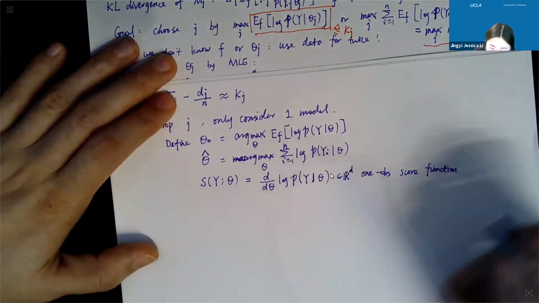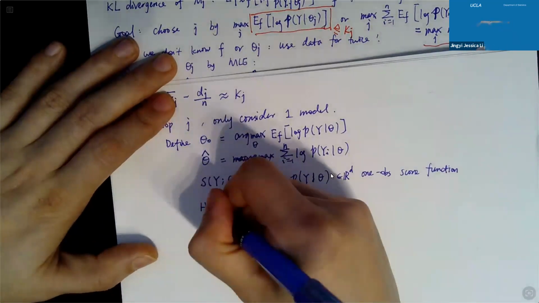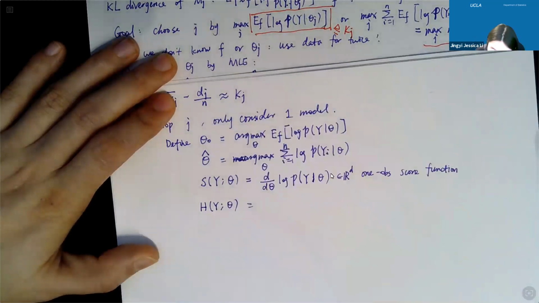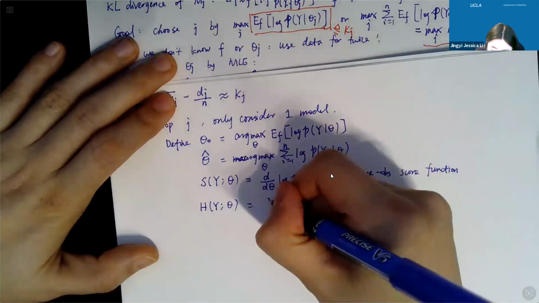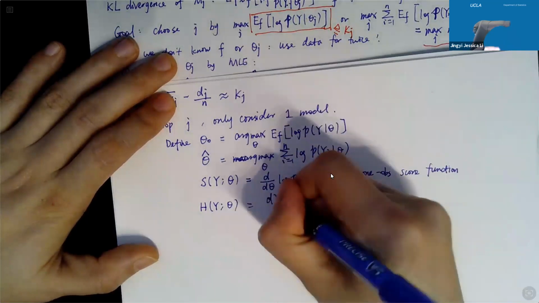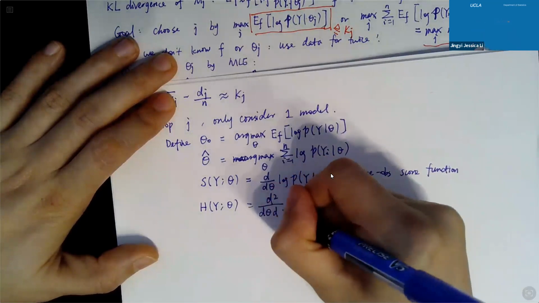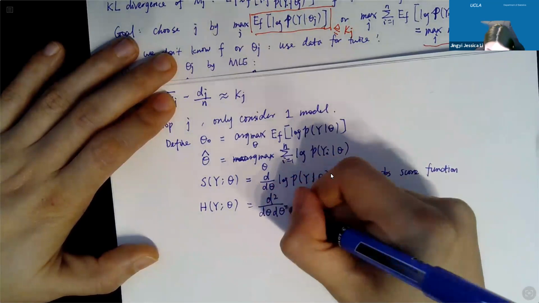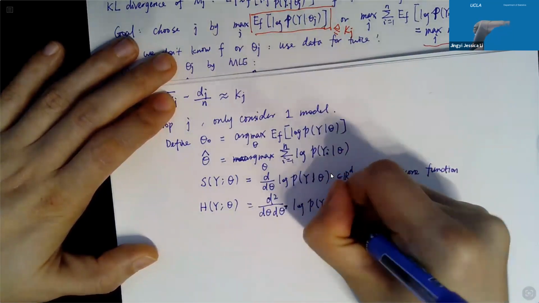We also define the Hessian of the log density. Again, it's for one observation for simplicity. We write this as the second derivative with respect to theta and theta transpose of log p_y(theta), because theta is a vector.